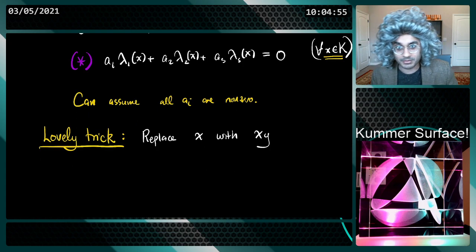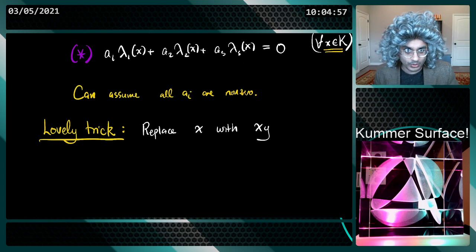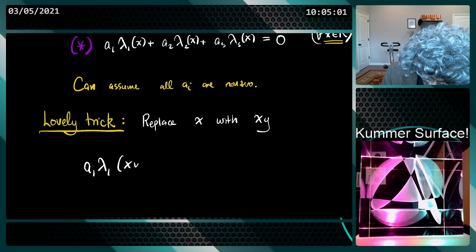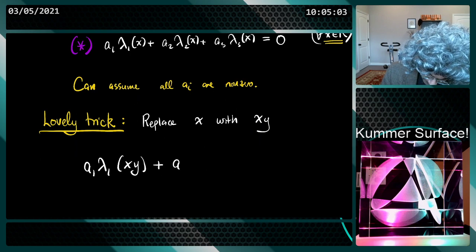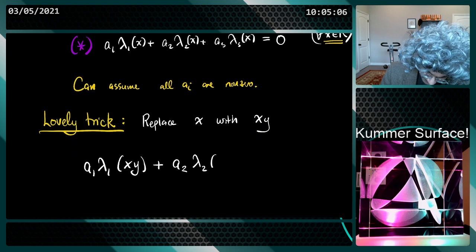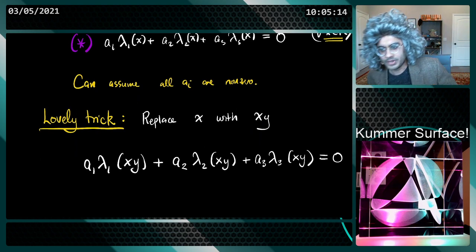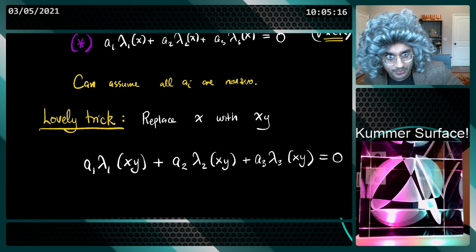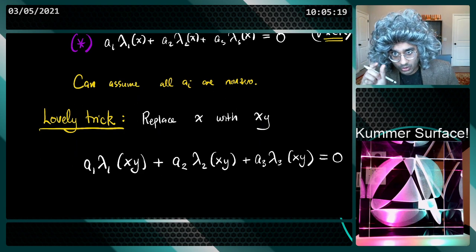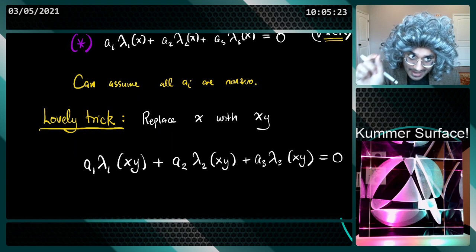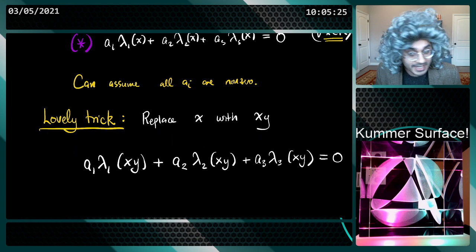Field homomorphism. Because if you replace x with x times y, you get this. Now I'm going to have to use my full PhD here to do this correctly. So we know that we're pretending this is 0. And now, wow, look, they separate because the lambda i's respect the multiplication structure.